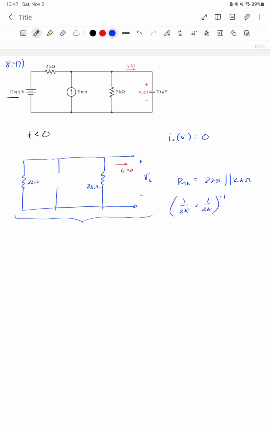I just like to do it because it works for 3, 4, 5 resistors. But the way that a lot of people do it is totally acceptable as well. In this circumstance, this value is going to come out to... I'm sorry, this is actually going to come out to 0.001, which inverse is 1,000.